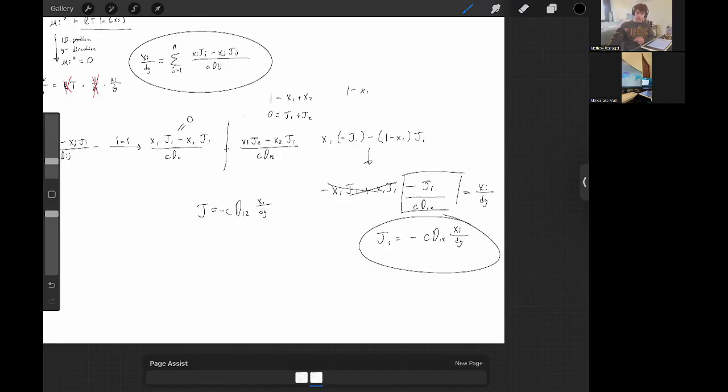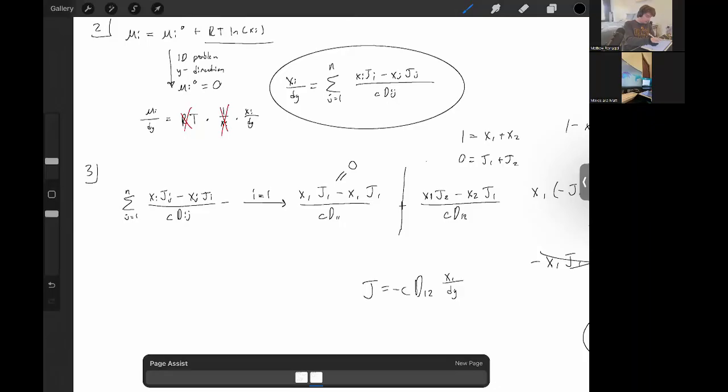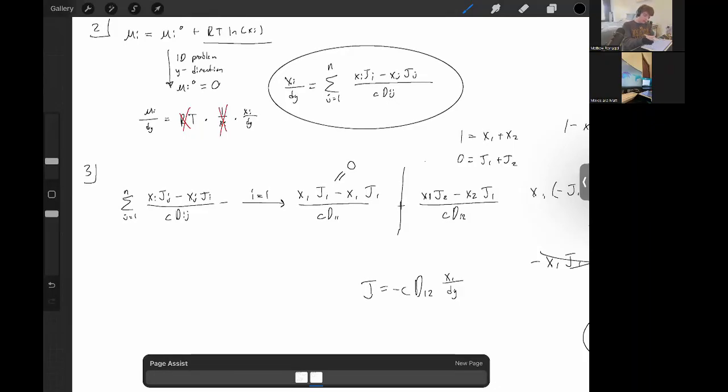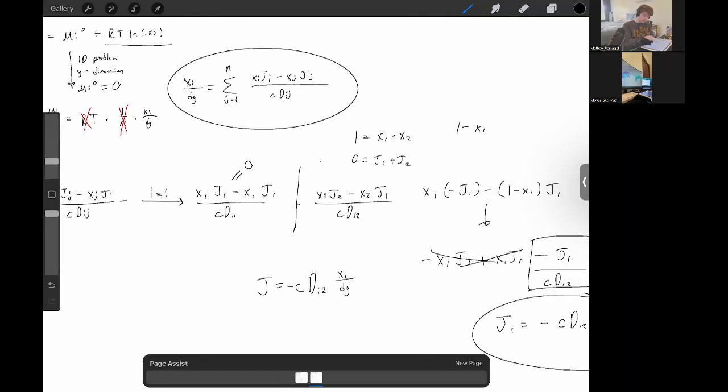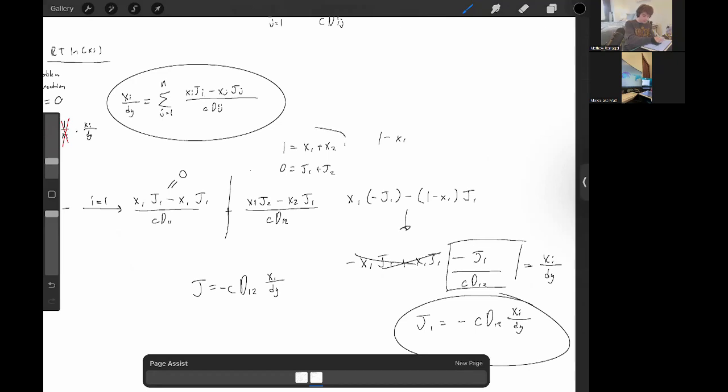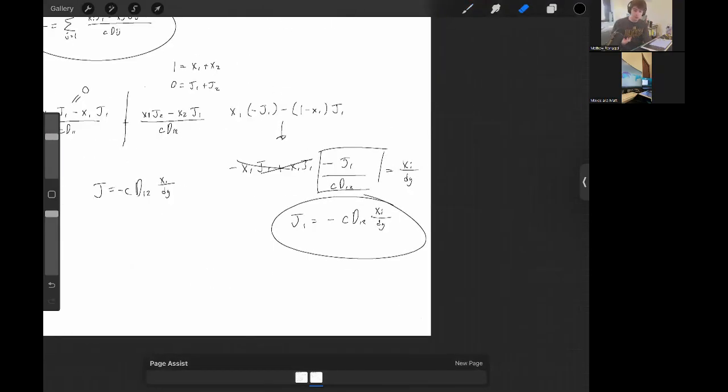When you combine the two together, you can simplify it by assuming two components, using these molar fractions and flux rules, or just basic addition, to then simplify the equation into Fick's law.